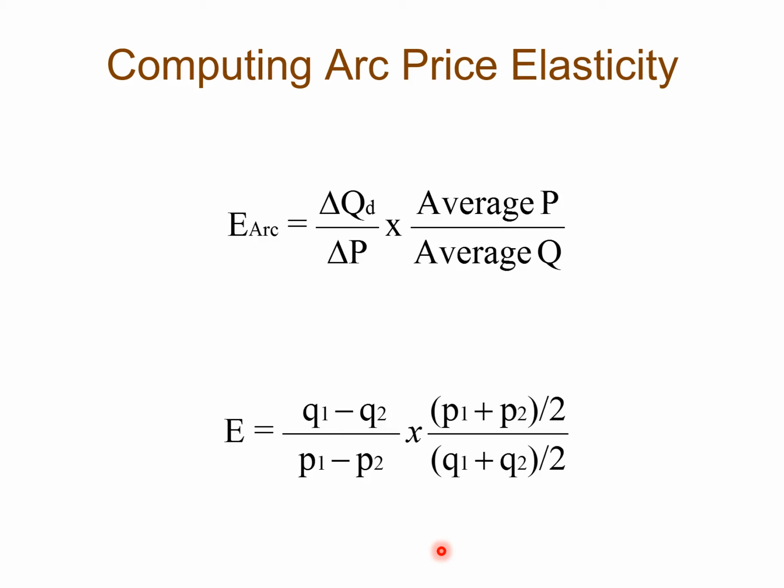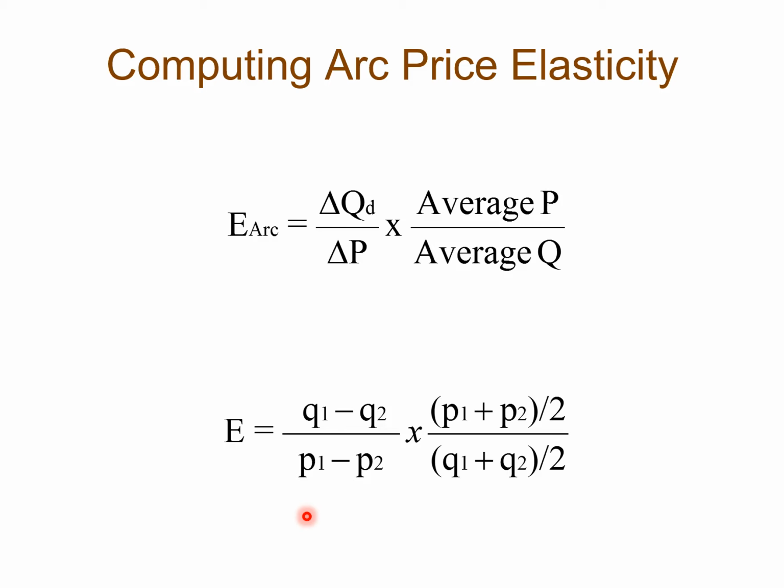What we're trying to do is make this calculation consistent when you go from P1 to P2 and from P2 to P1. What I'm trying to say by that is when you increase price from $10 to $11, that's a 10% increase. But when you go from $11 to $10, that is not a 10% decrease.